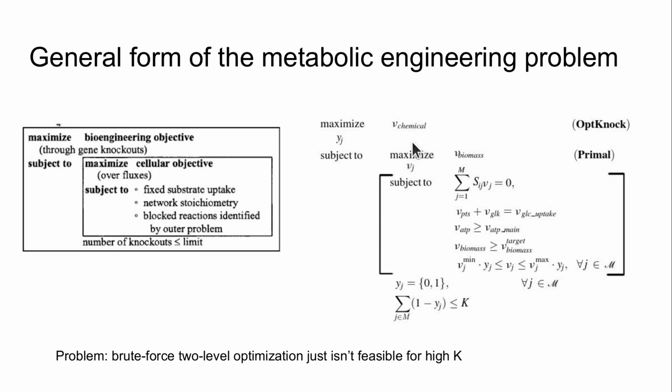And the way that we saw that we could do that in the last lecture earlier this week was that we can simply perform a bunch of knockouts. We can do, for instance, a single gene knockout for every gene in our organism, find the solution to this inner problem, and then find which of those solutions has the highest flux through our objective.